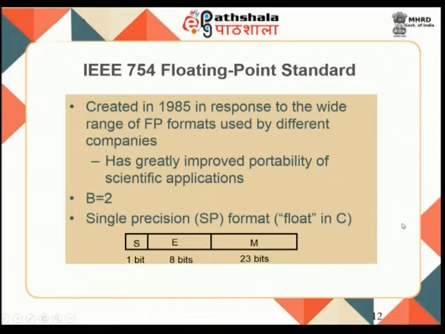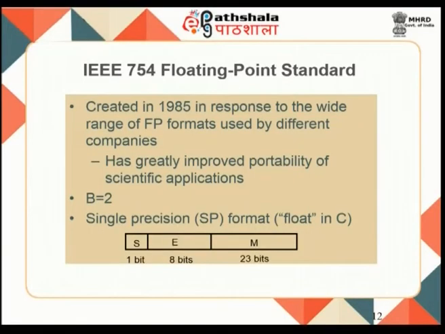So, if each one follows different representations for floating point numbers, you do not have portability across different machines. We know that every floating point number has to have a sign bit, it has to have a mantissa part, and it has to have an exponent part, and now we have decided that it needs to follow the normalized notation, and it should have a biased notation for the exponent value.